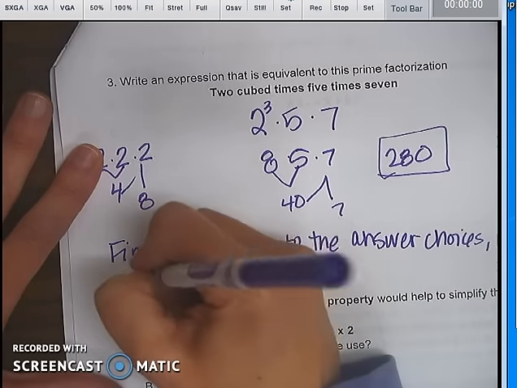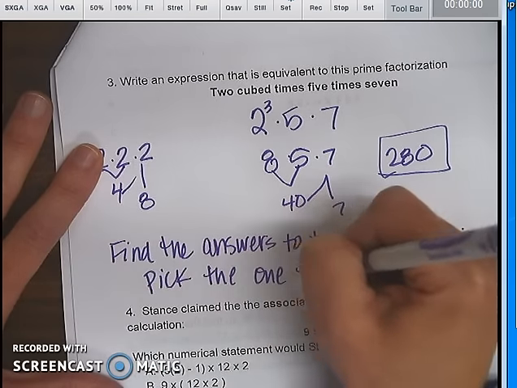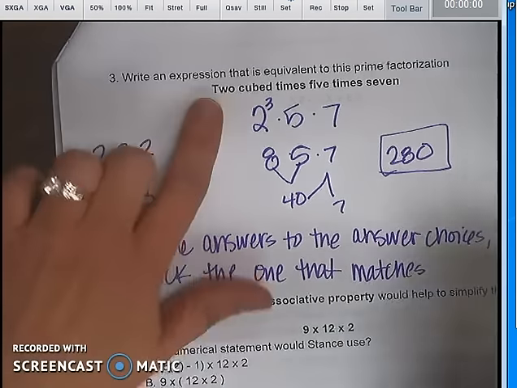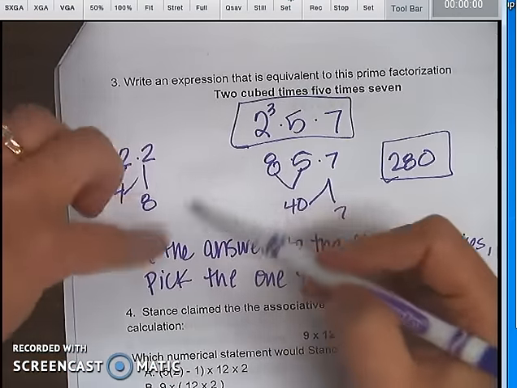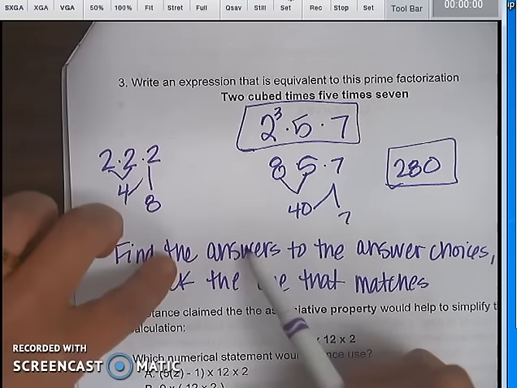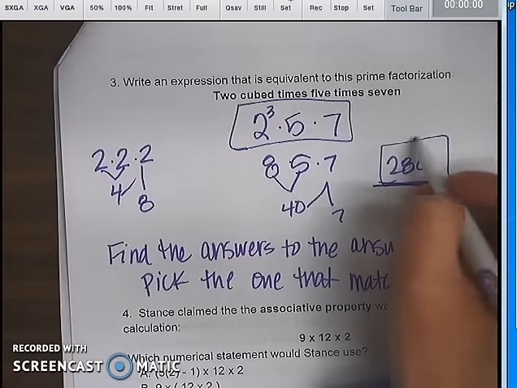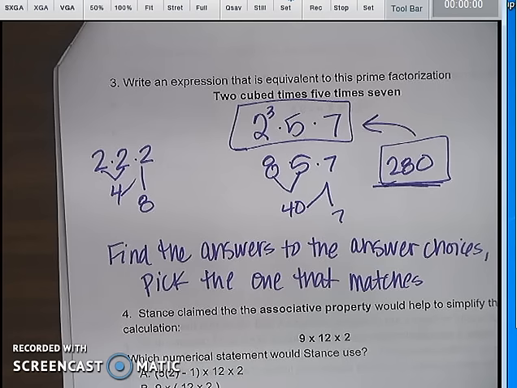Pick the one that matches. On your test, they're going to give you something like this, and then you're going to have answer choices that you're going to have to work out. So you need to answer all the answer choices and then find the one that matches the answer that you got when you worked this problem. This is a freebie. Do not miss it.